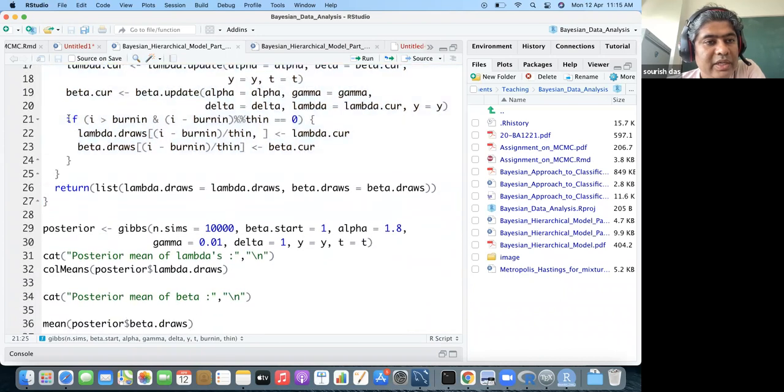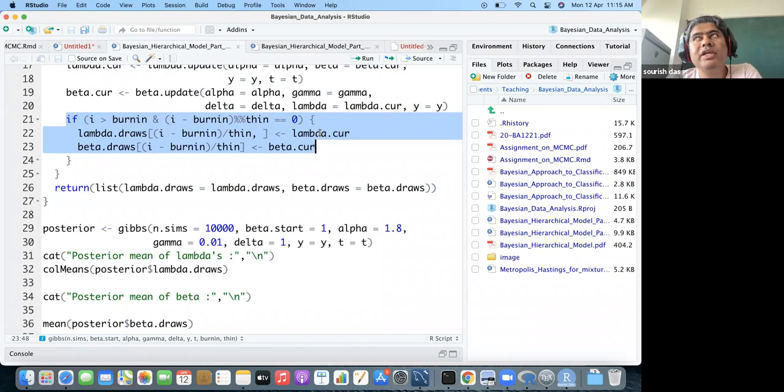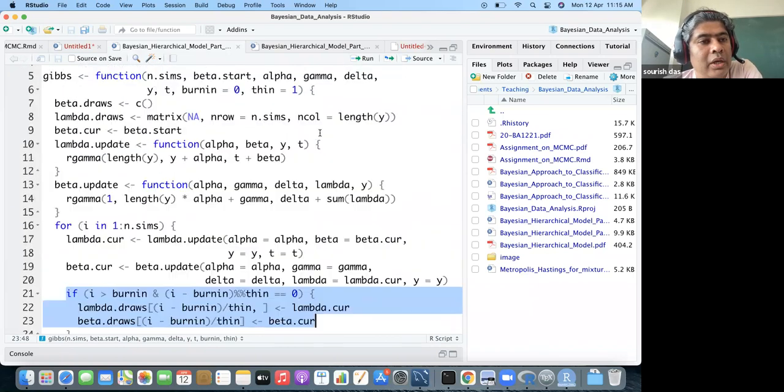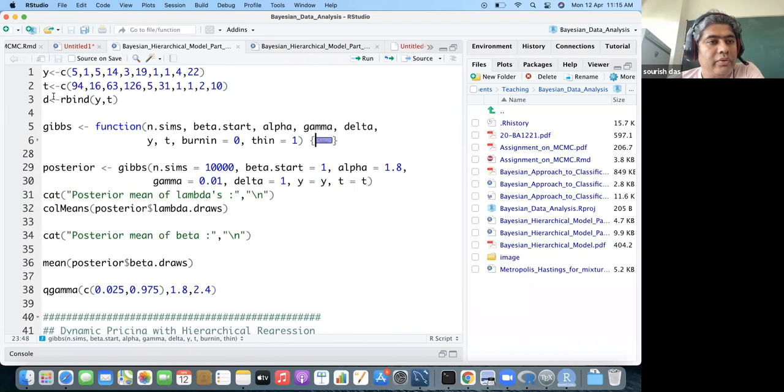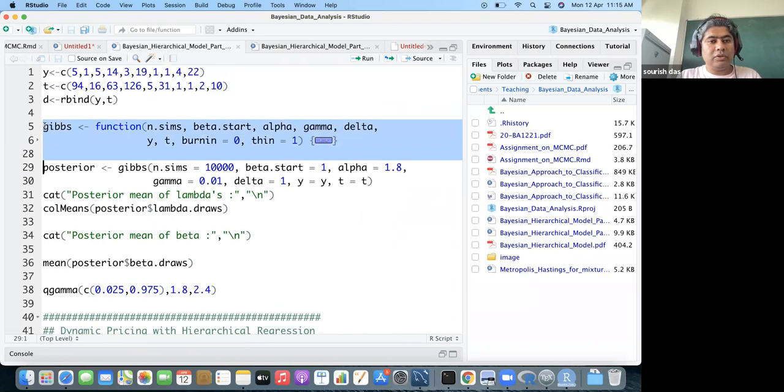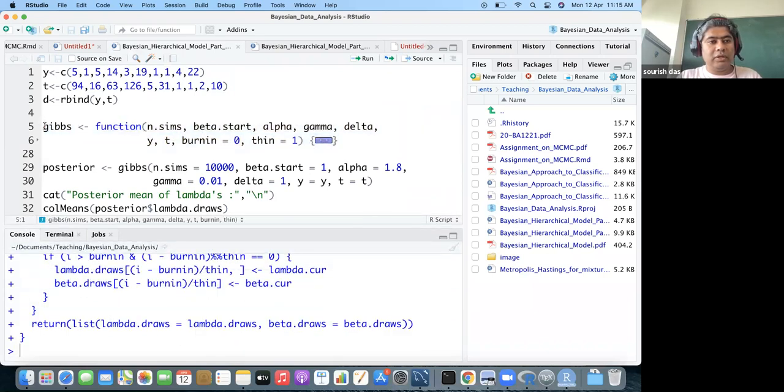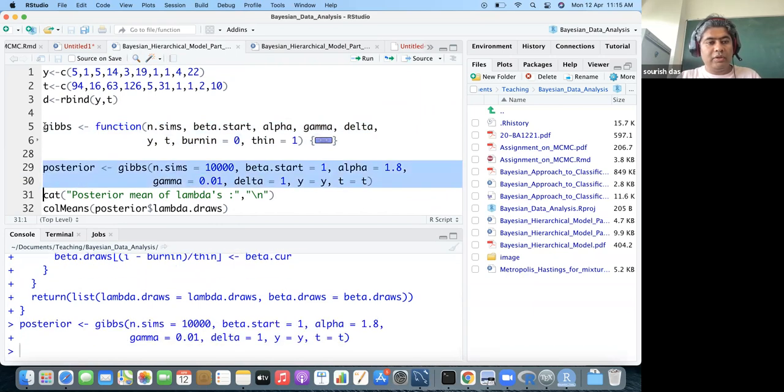And here it is basically saying that if the number of iterations is greater than burn-in, then you store it. But if it is less than burn-in, then you don't need to store. So if you run this and then you run the posterior thing, it's already simulated.